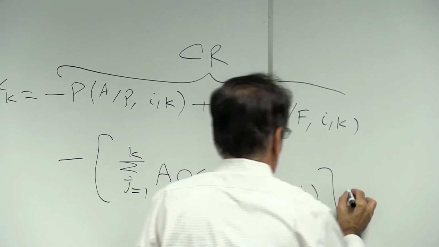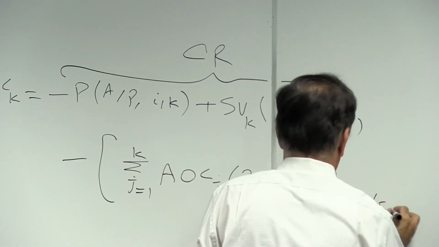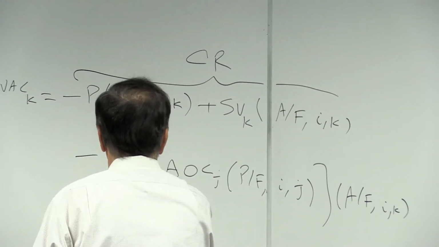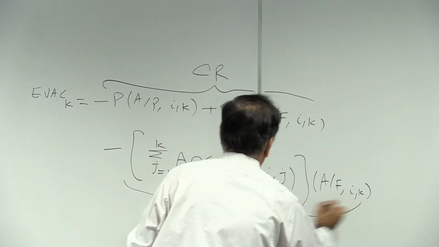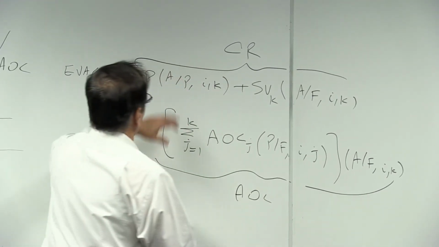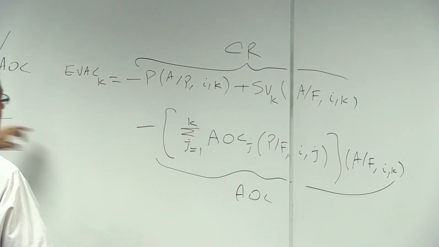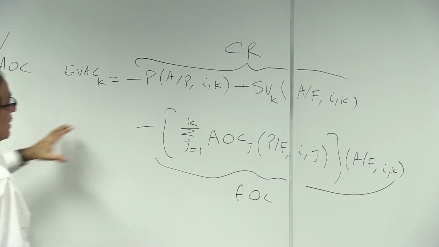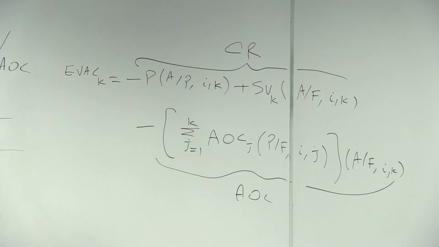The whole thing is multiplied by (A/P, i, k) here. And this component we call the annual operating costs. So this one is the first curve, and the second one is the annual operating cost curve. If I combine this, I get the total here.